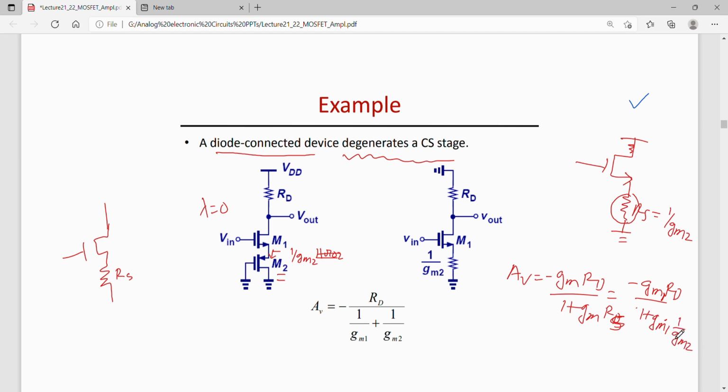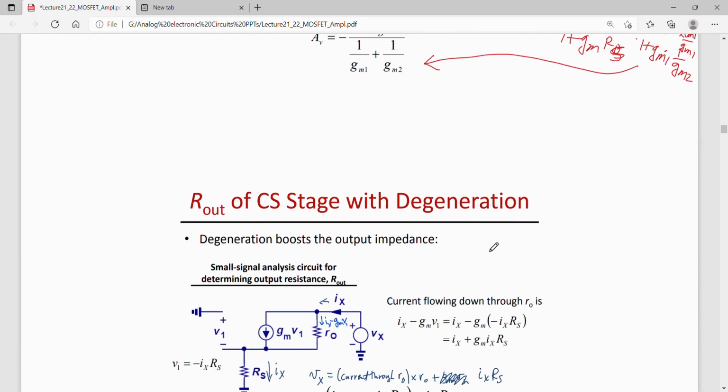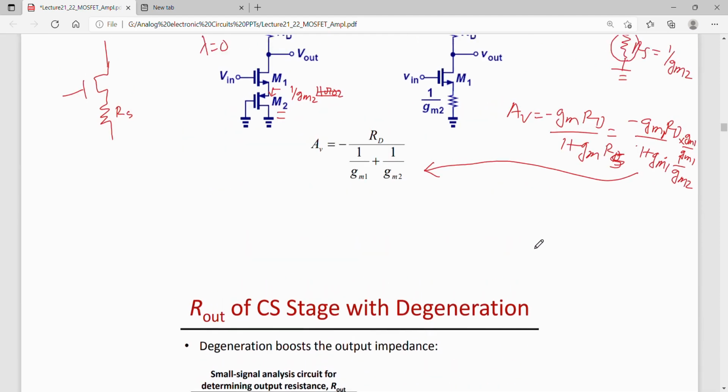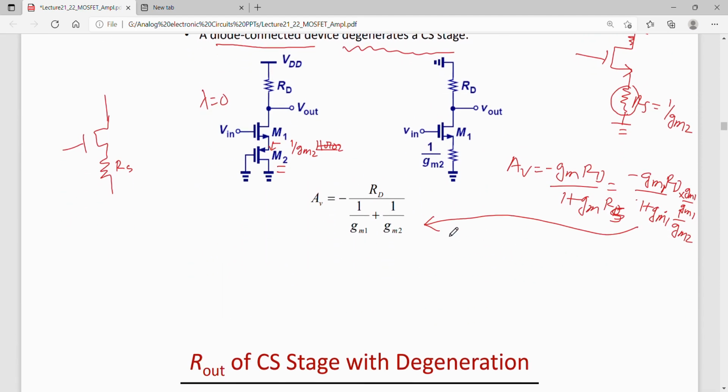We multiply and divide this by Gm1 to obtain this relation. That is, the total gain is minus Rd divided by (1 by Gm1 plus 1 by Gm2). Now we have found the gain of this circuit.